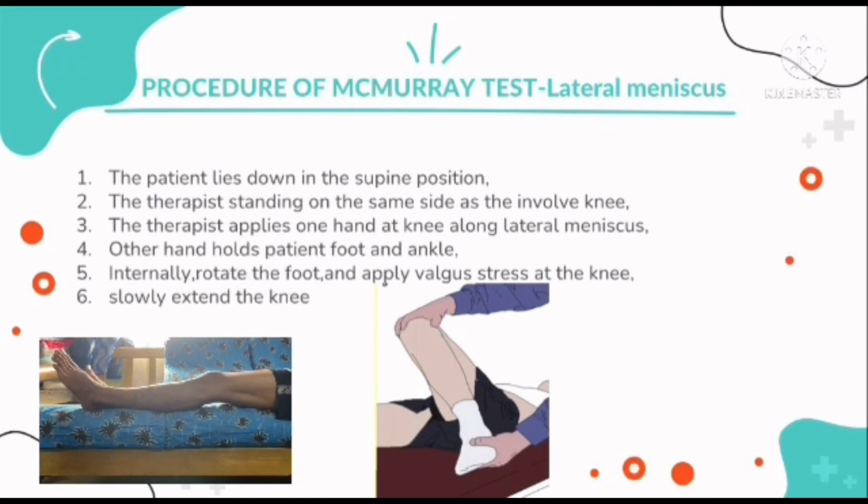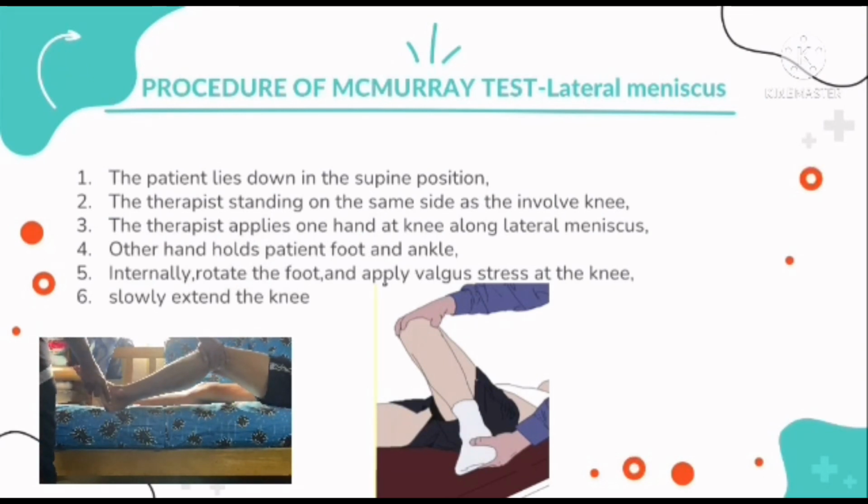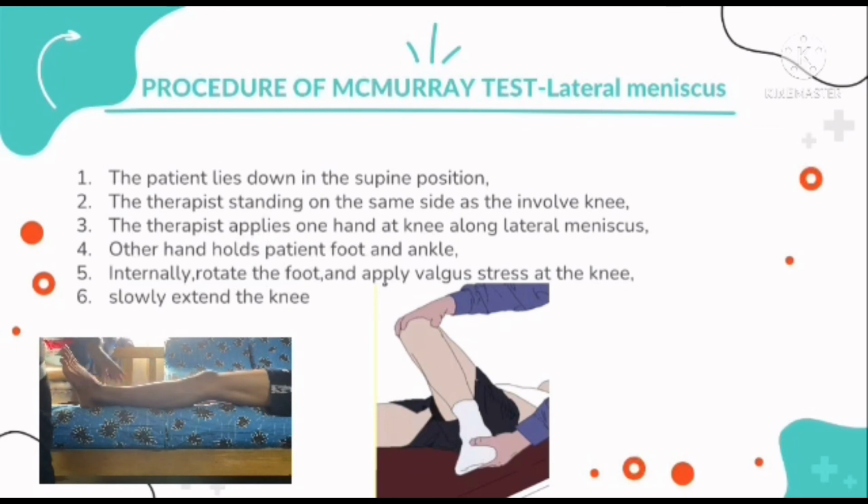Internally rotate your patient's knee and put a valgus stress on your patient to the outside, and ask if there is pain or not. No pain. Alright, slowly rotate back. Thank you.